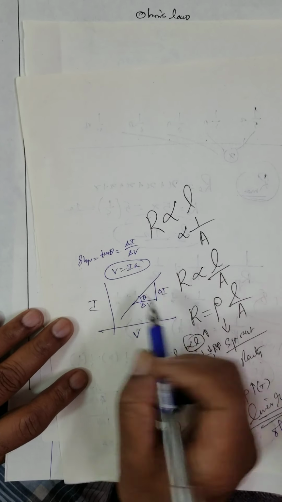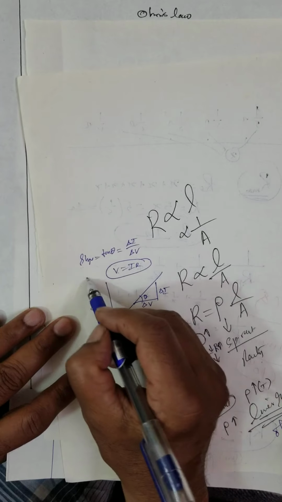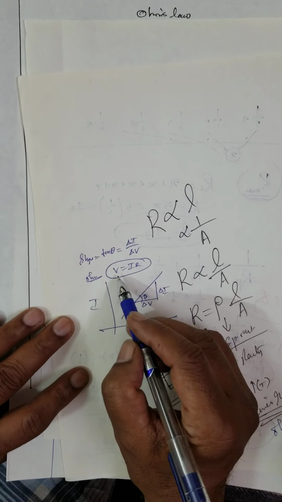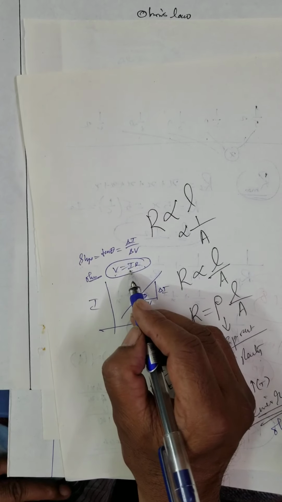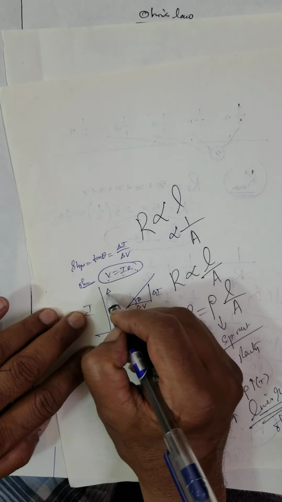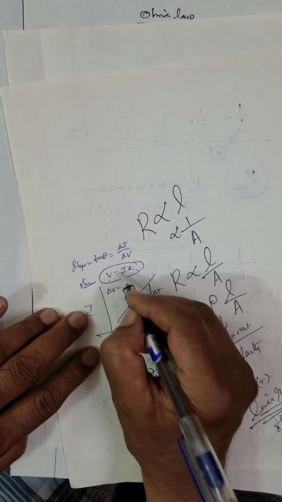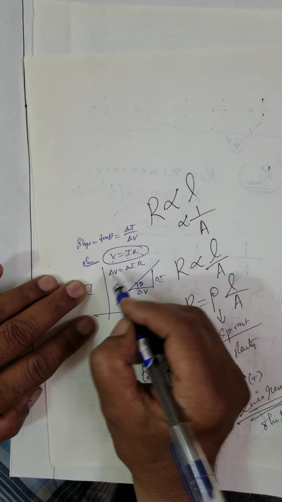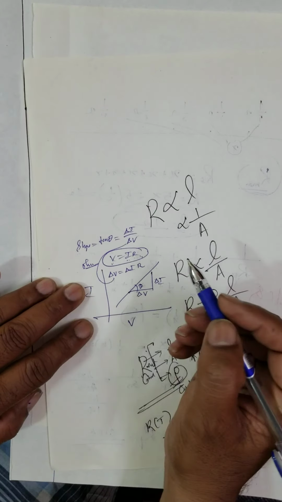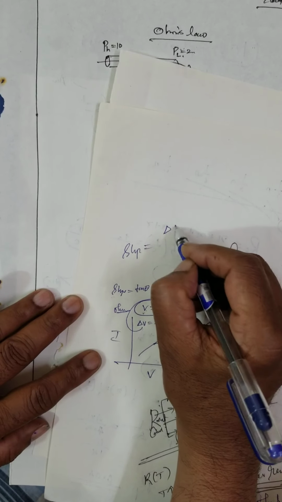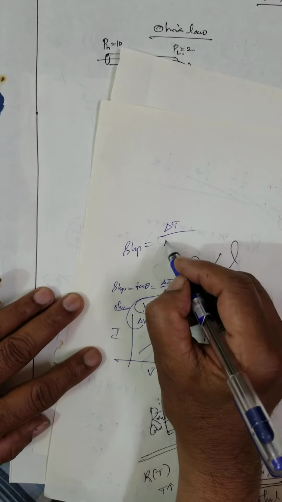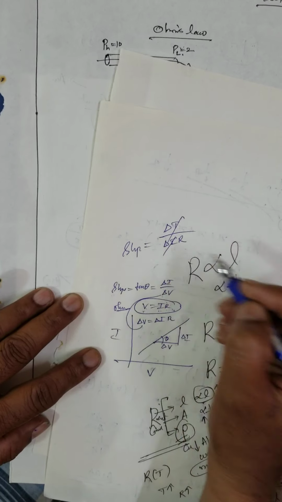This is the mathematical form of Ohm's law. What is the mathematical form of Ohm's law? Voltage is equal to I into R, where V is the voltage, I is the current, R is the resistance. Whenever there is a change in voltage, there is a corresponding change in current, R remains constant. When I substitute here, slope equal to delta I by delta V is equal to delta I by delta I R, so it gets cancelled.